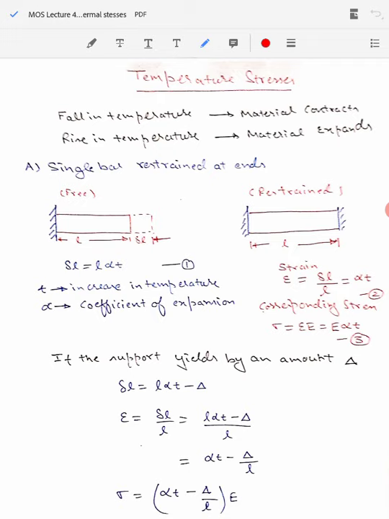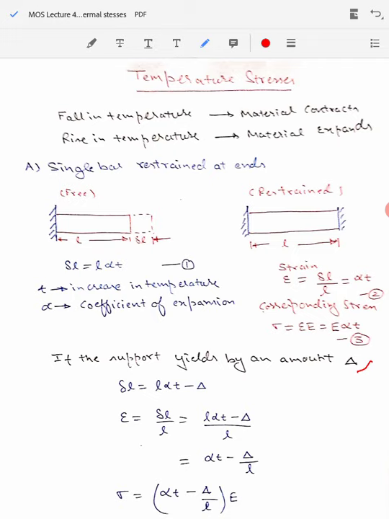Now if these walls which are holding this bar down are not perfectly rigid and they can yield by an amount delta, then the deformation that takes place in this bar will be the deformation given by equation 1 minus the amount the wall has yielded.